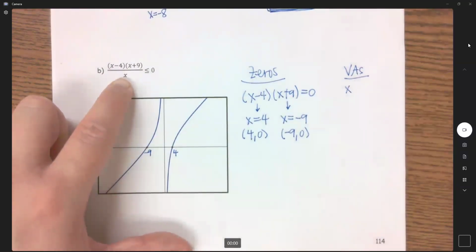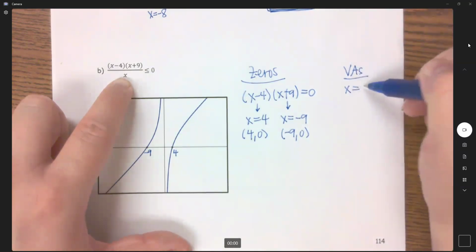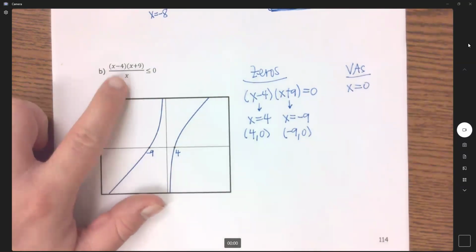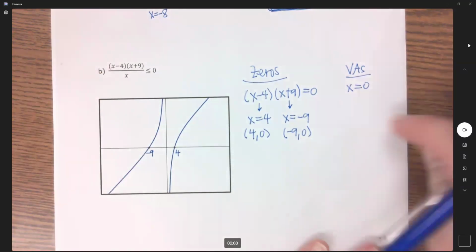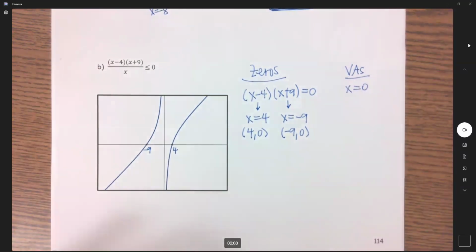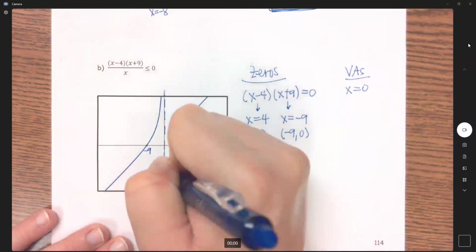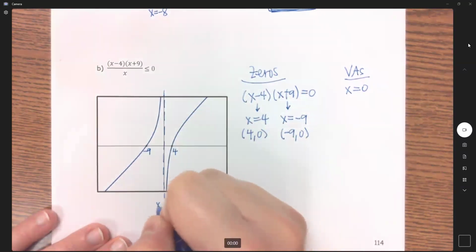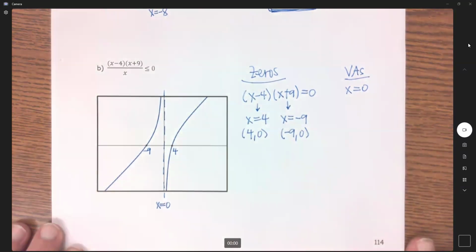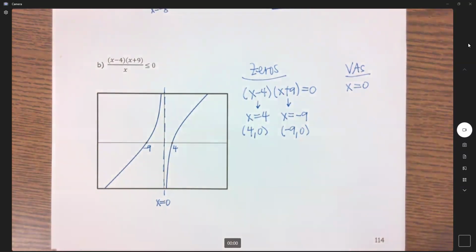In this case, it's just x and set that equal to 0. So there's nothing to do there. That is my vertical asymptote. So my vertical asymptote is this y-axis right here. Okay, so I have all my key information.